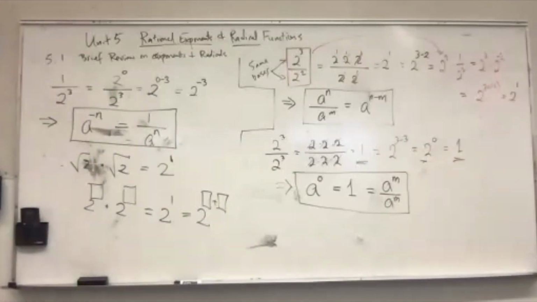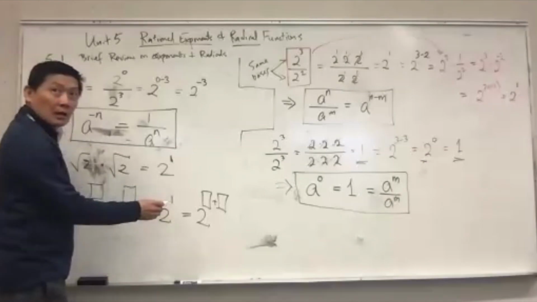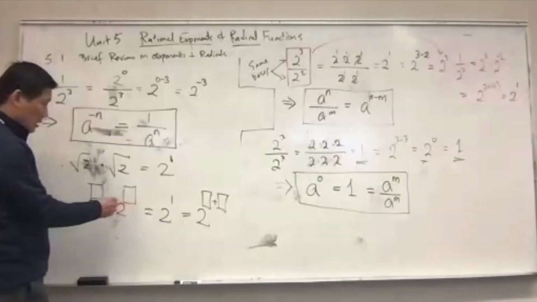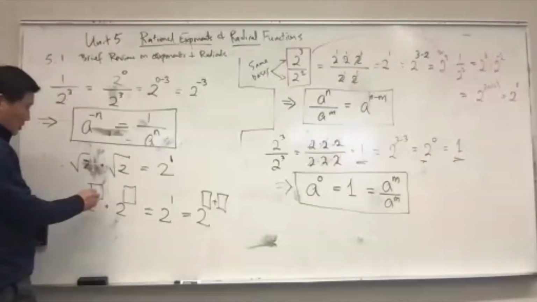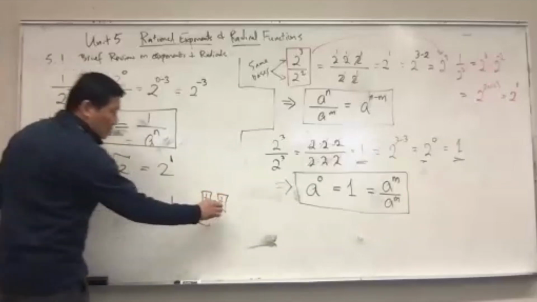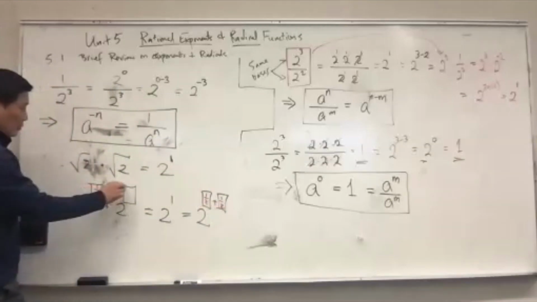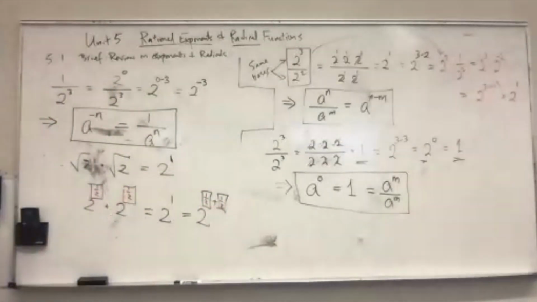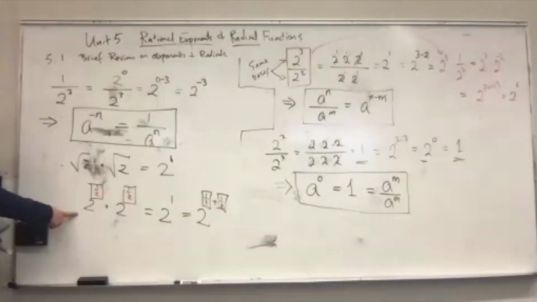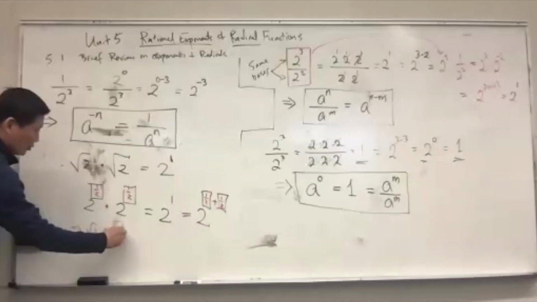What number should go into that box? 1/2, right? 1/2 plus 1/2 gives you 1. So this must be 1/2. So somehow, square root of 2 is 2 to the 1/2.